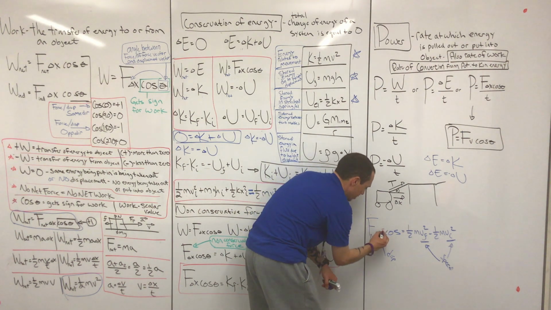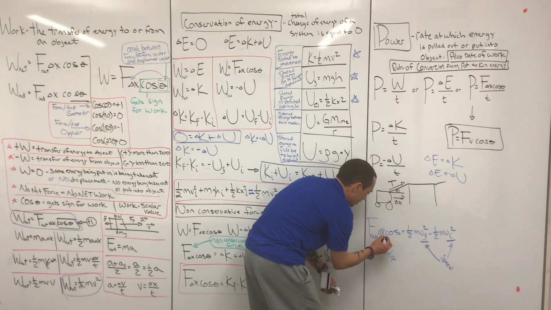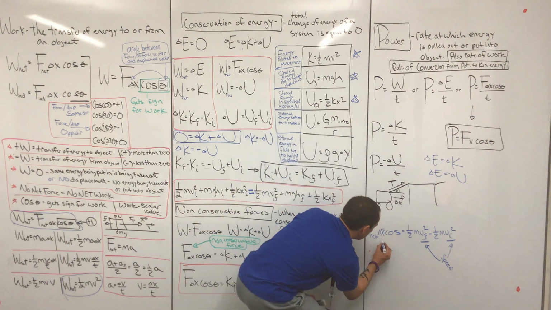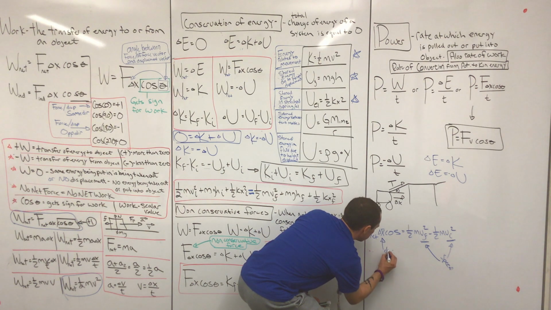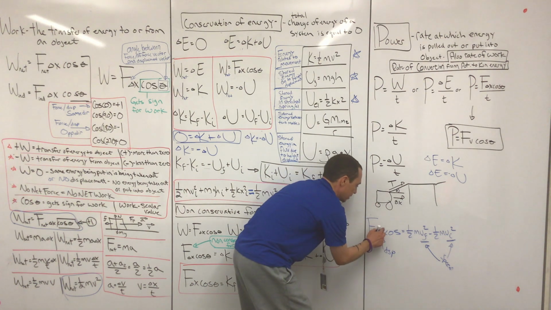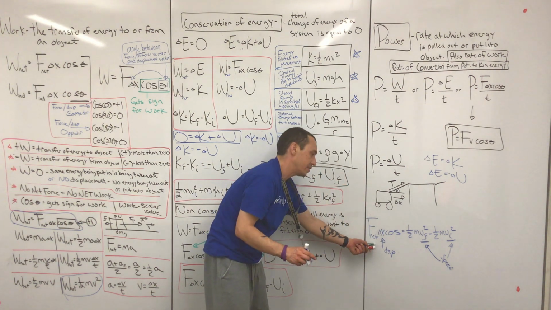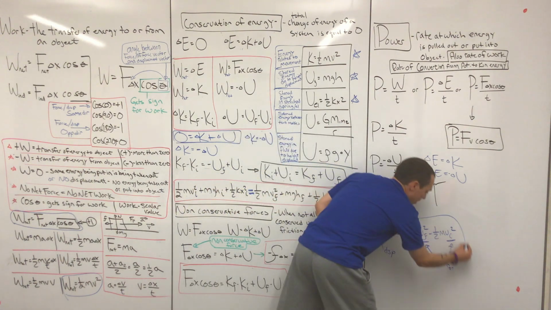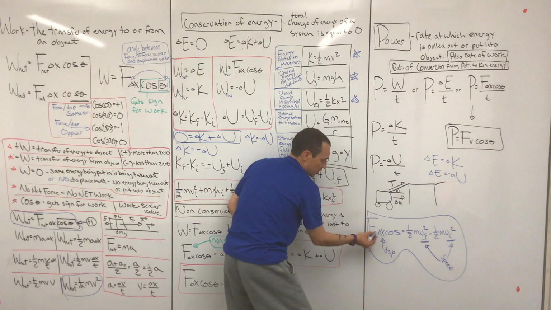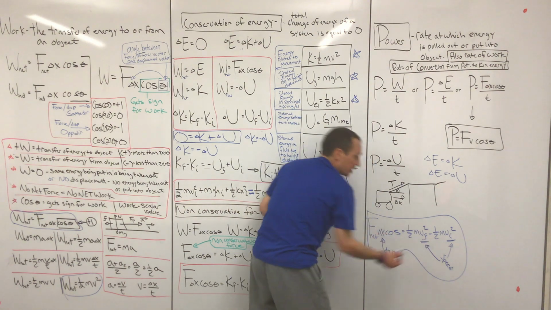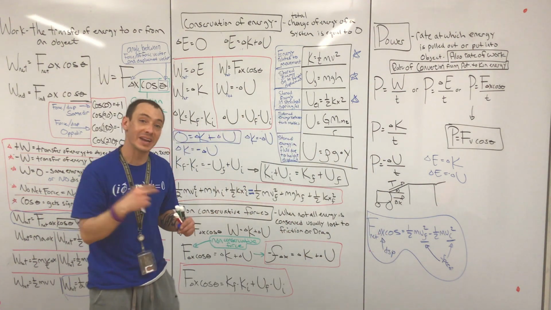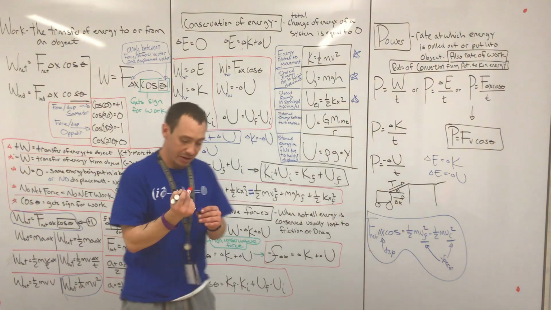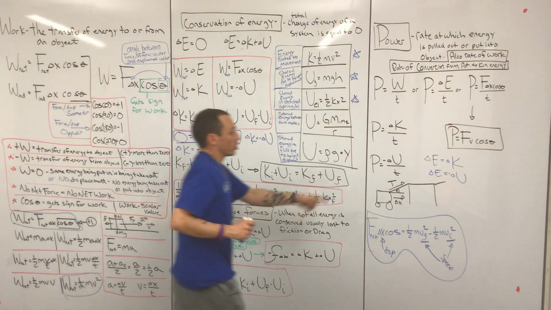If that's F net, then this displacement will be the total displacement of the object, because that's the total force that was applied to the object. So make sure you write it like this, because this is the one getting you displacement and speed, another way to solve for it besides kinematics. This is easier to use than kinematics because there are no vectors in there. So that's what's important to pay attention to.